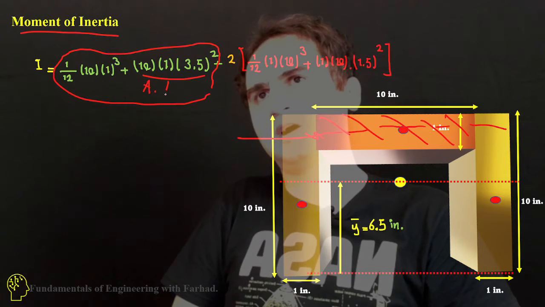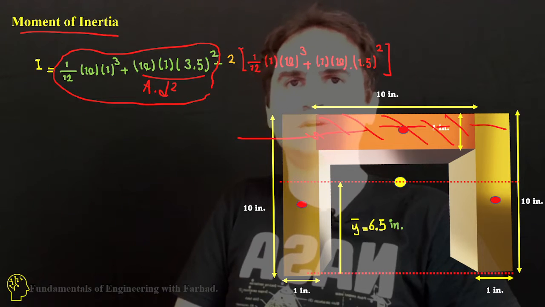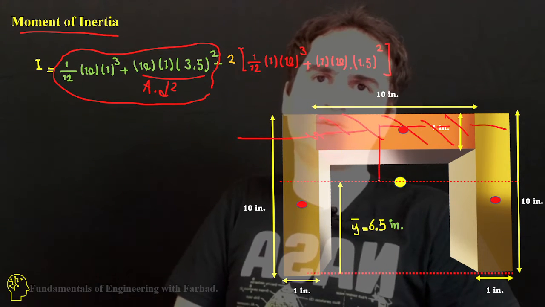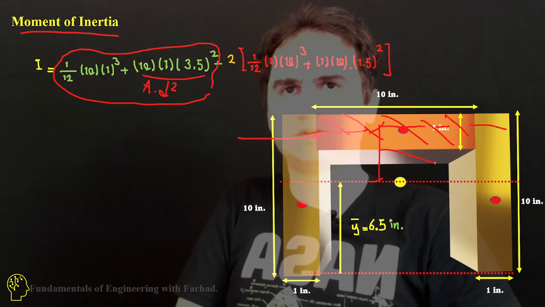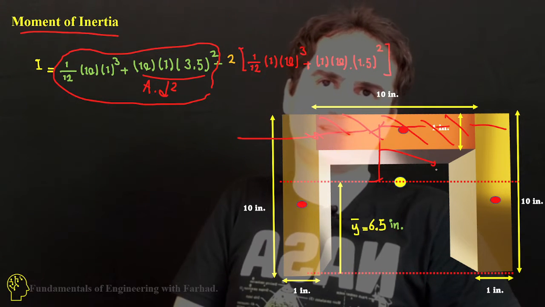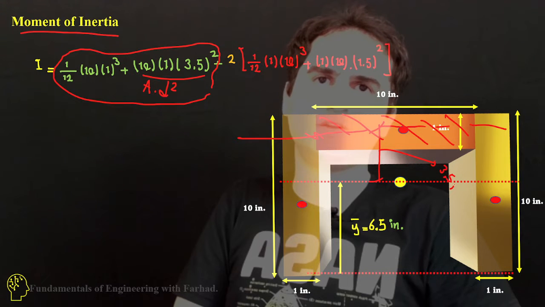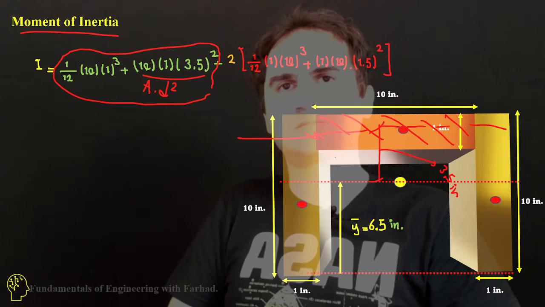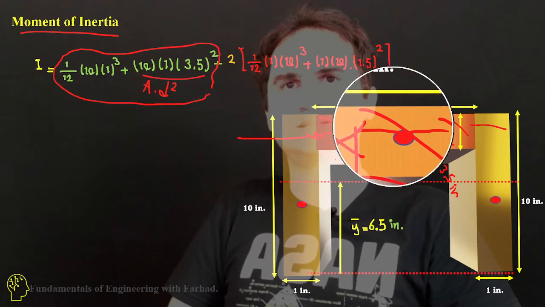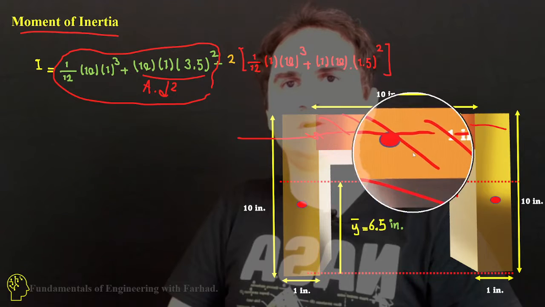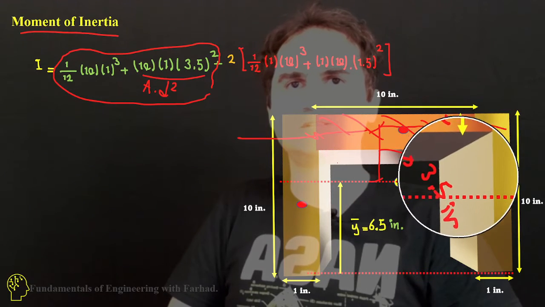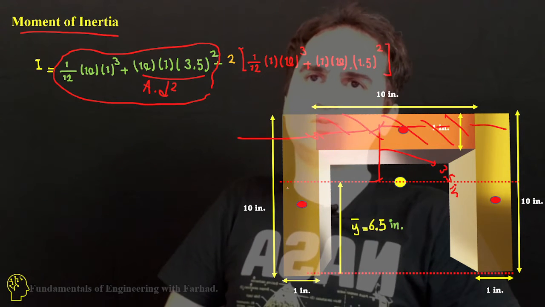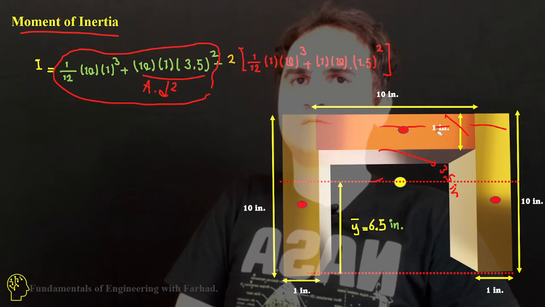A is the area, 10 inches squared, times d, the distance from the centroid of this part to the centroid of the entire system. That is a 3.5 inches distance between the centroid of the top part and the centroid of the entire system.